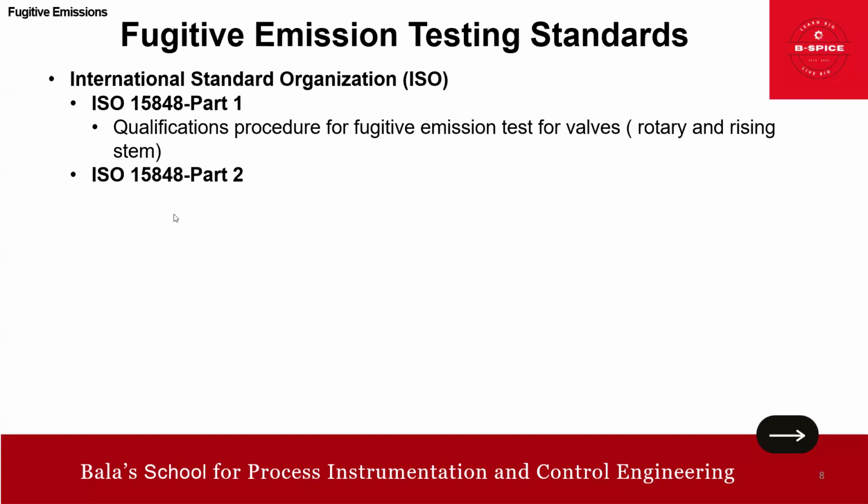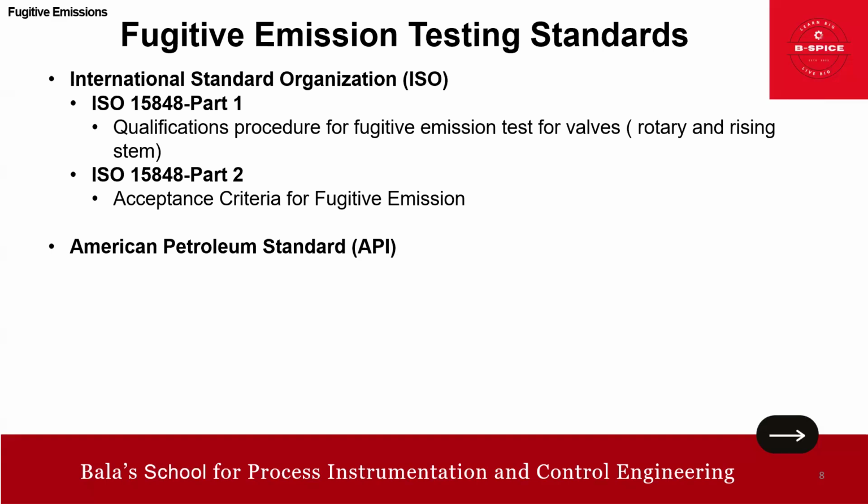Then we have ISO 15848 part 2. It talks about the acceptance criteria for fugitive emission, so what are the acceptable levels. We talked about 500 ppm, 100 ppm, all those in the previous videos, right? That criteria is detailed in ISO 15848 part 2.